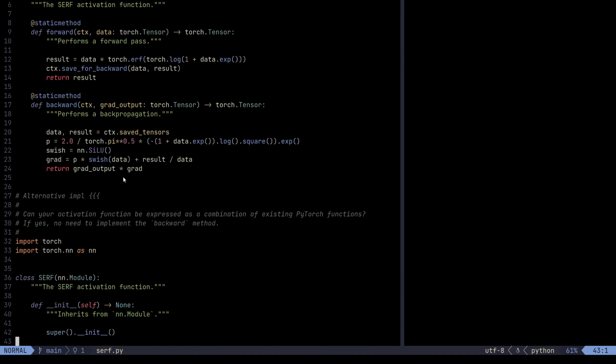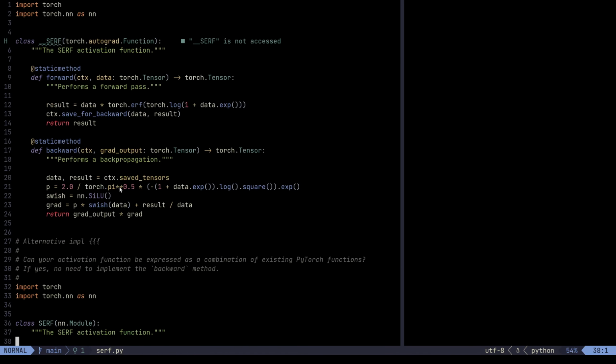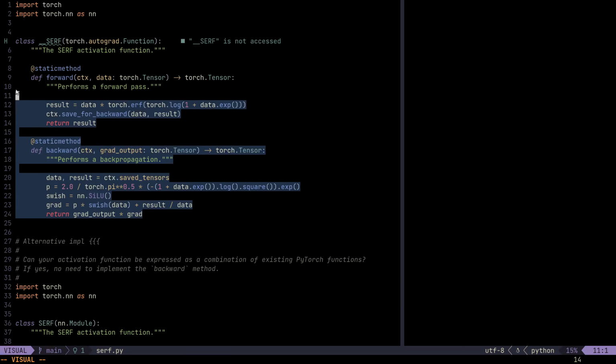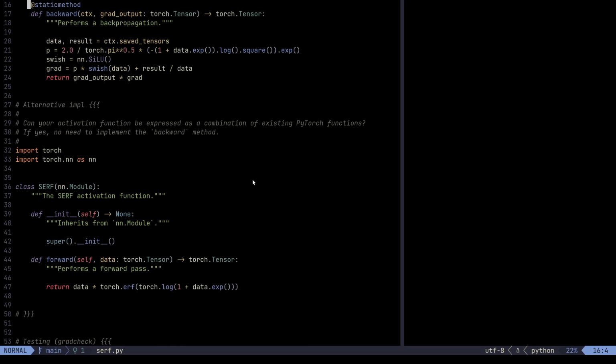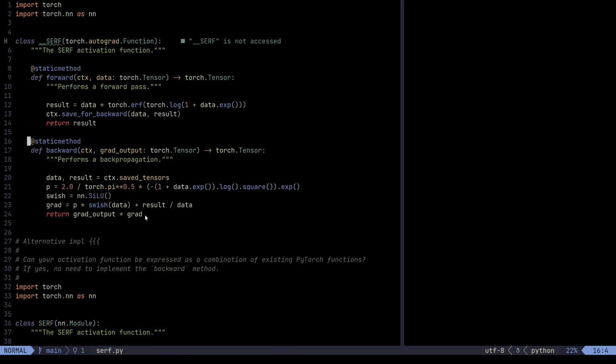Now, if you were to ask me which implementation I would use in production, I would probably use this implementation. The reason for that is not because PyTorch has a bad autograd engine. It has a very powerful autograd engine, and I would encourage using it when you can. But in this case, the backward method is useful because it's almost like documentation.